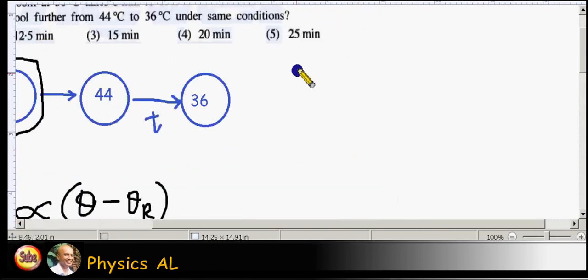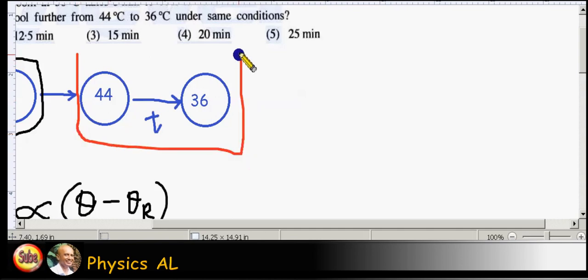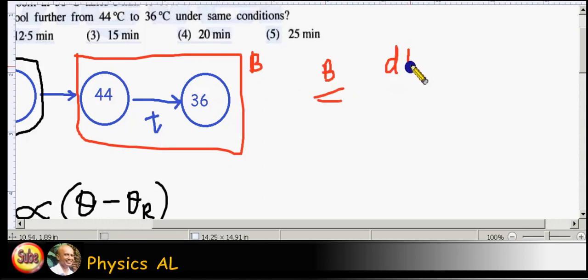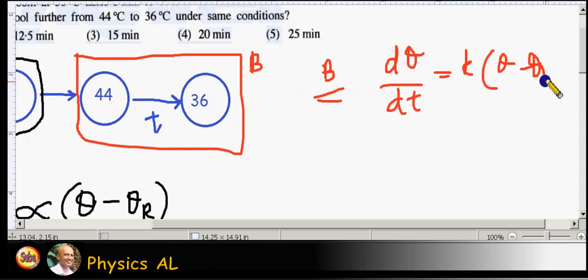And now we are going to do the same thing for part B. d theta over dt equals k times theta minus theta r. What is d theta here? 44, 36, in between how many degrees?